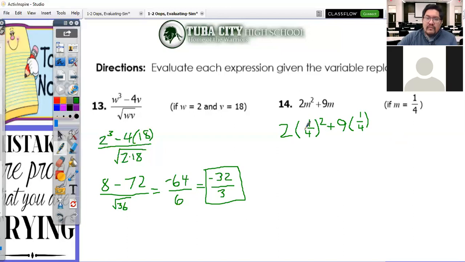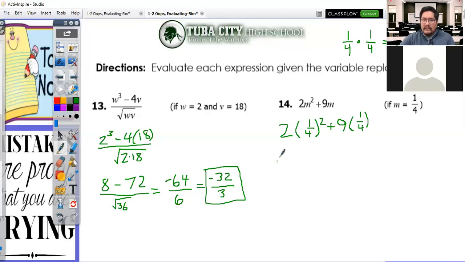All right, so 2 times 1/4. So we also have to square the 1/4. So 1/4 times 1/4. So when in doubt, write it out. If you're not sure what 1/4 squared is, remember that square means times itself. So this means 1/4 times 1/4.